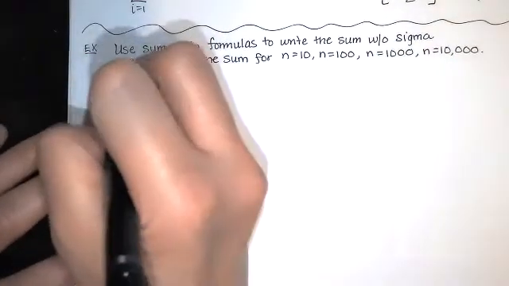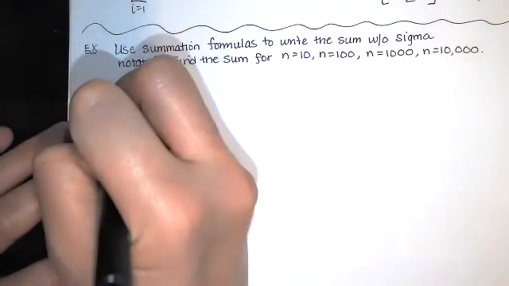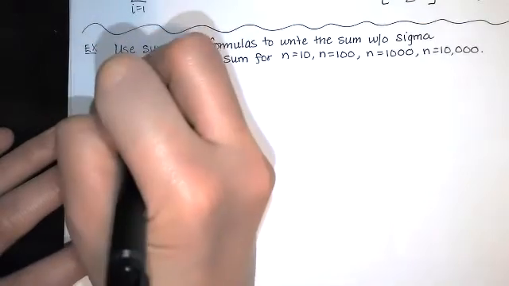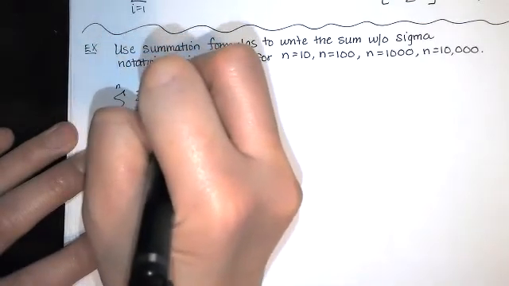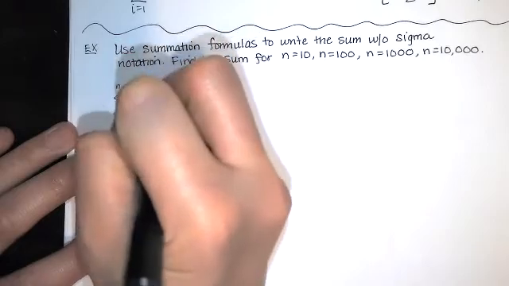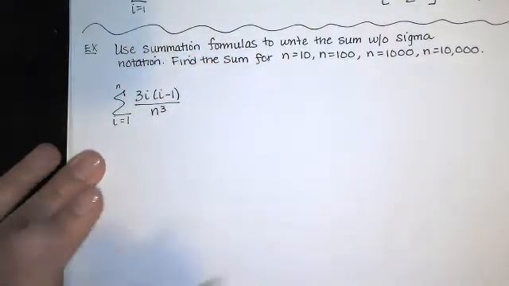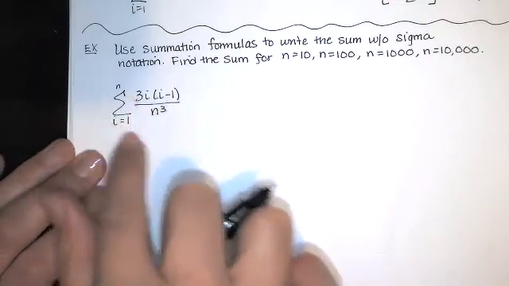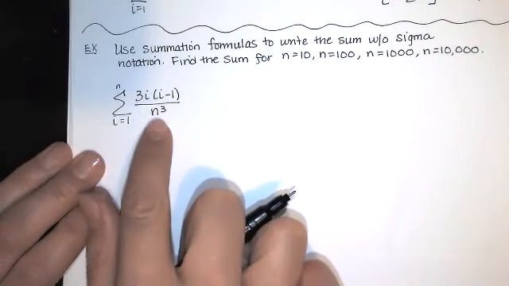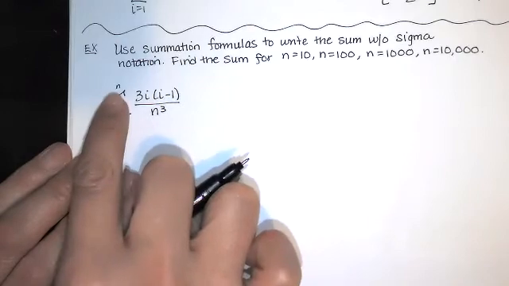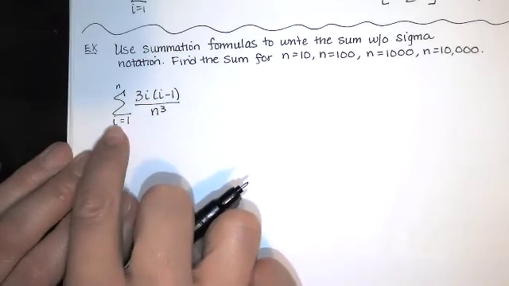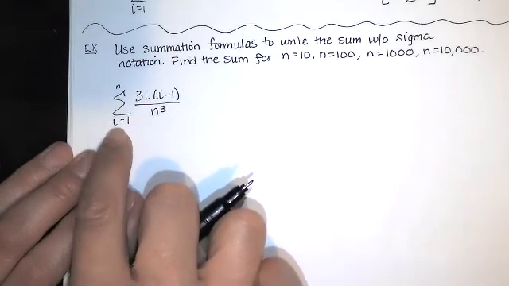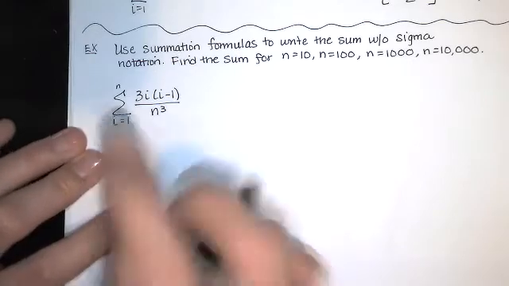Okay, so here's our example. We have the sum as i goes from 1 to n of 3i times i minus 1 all over n cubed. Now, n is just a counter. As far as we are concerned, when I'm looking at this, even though it looks like n is a variable, it's not. It just tells you where to stop counting. This i, that's the index of the summation, that changes from term to term.